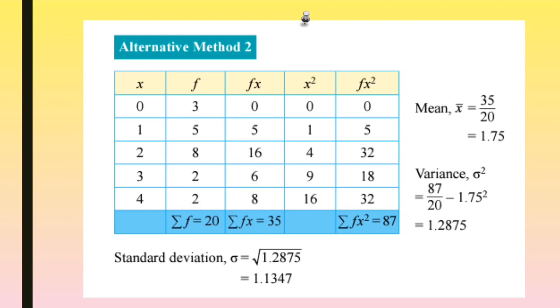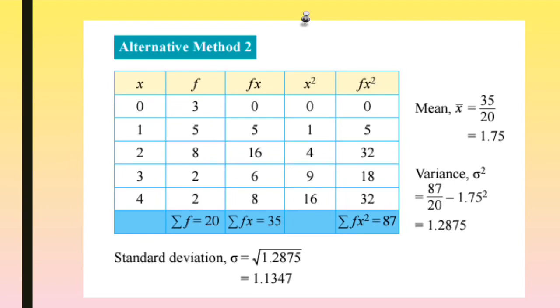Then you sum up. Summation of the frequency is 20. Summation of the frequency times the data is 35. And summation of the frequency times the data square is equal to 87. Then you find the mean, which is summation of the fx over summation of the f. So 35 over 20 equals 1.75.